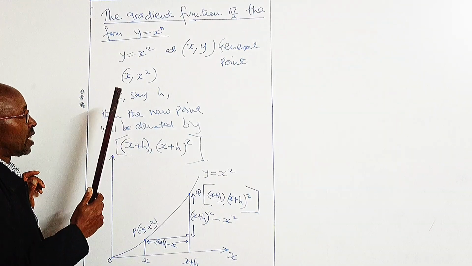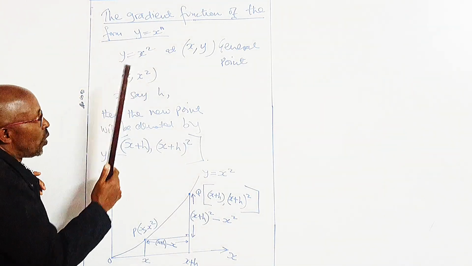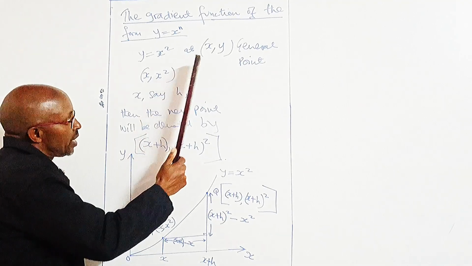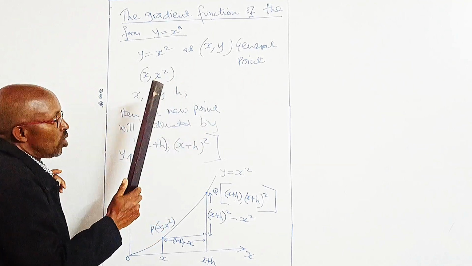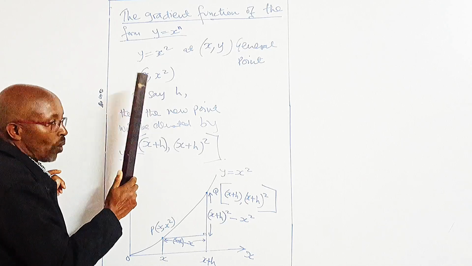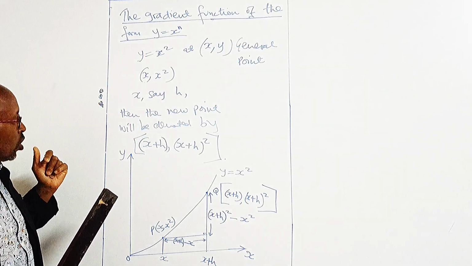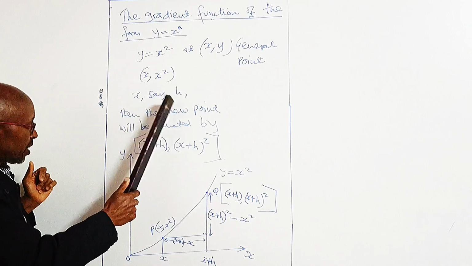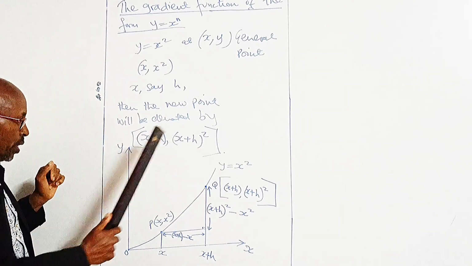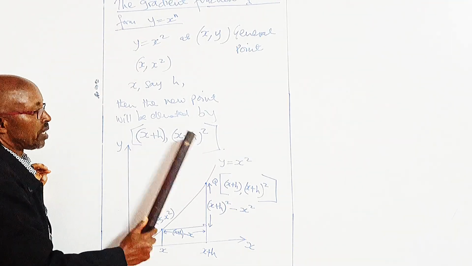Suppose we take the equation of the curve as y equals x squared. At any general point, the coordinates will be x, x squared. If we take a small change in x, say h, the new point will be denoted by x plus h, (x plus h) squared.